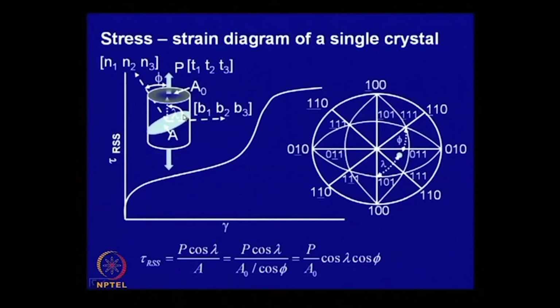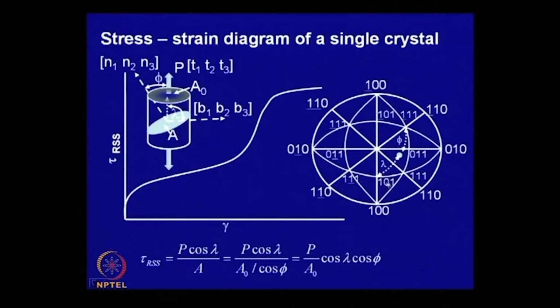We have introduced the concept of standard projection, and let us see how we represent the same thing on the standard projection. Here is a 0 0 1 standard projection of a cubic crystal. This point is 0 0 1 and I am locating the tensile axis here. This subtends an angle lambda with respect to the slip direction, which in a face centered cubic crystal is a face diagonal with indices like 1 1 0.